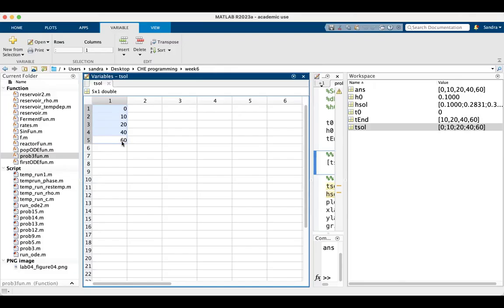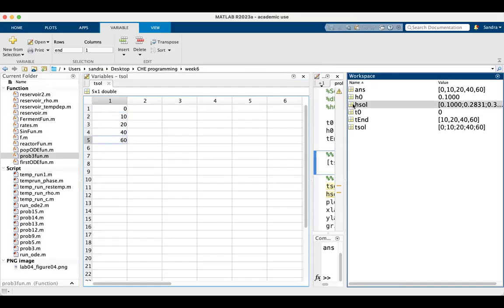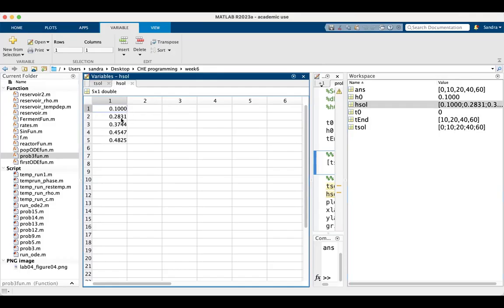But if you give different intervals, exactly at those points it will give you the y value. So you have your 0, 10, 20, 40 as your t values, and your corresponding heights will be 0.1, 0.2831, 0.3744, and so on.